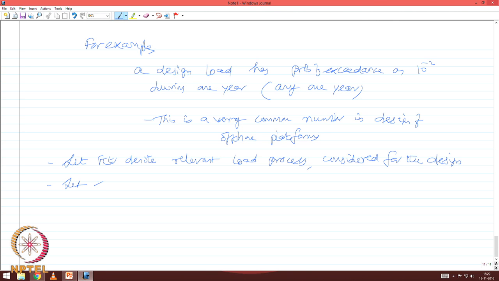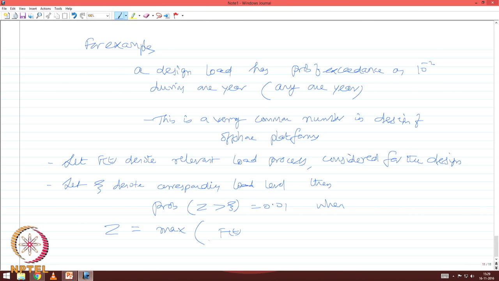Let zeta denote the corresponding load level. Then the probability of z exceeding zeta is 0.01, because that is the probability of exceedance when z is actually equal to the maximum of the observed values or the force value for anything less than 1 year.